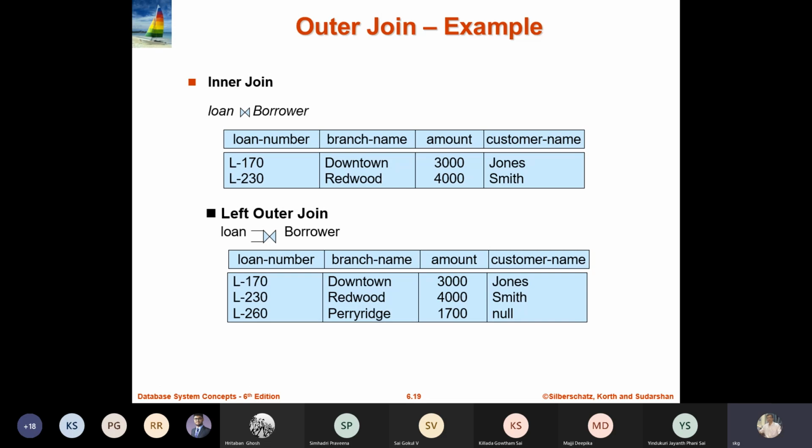So that later on, those can be used for some other analysis. Those tuples which are in the loan but not in the borrower are kept as null. Okay.